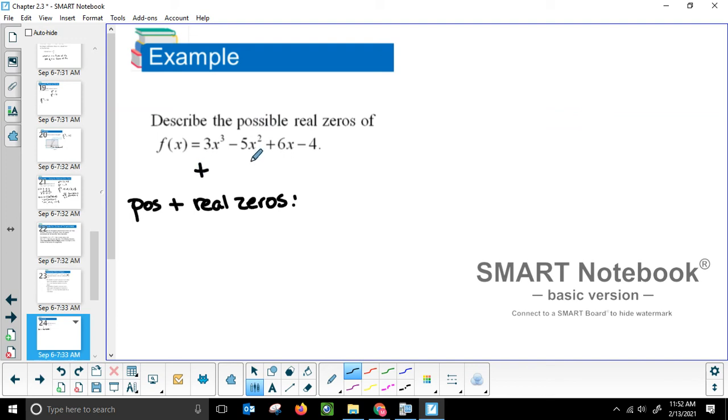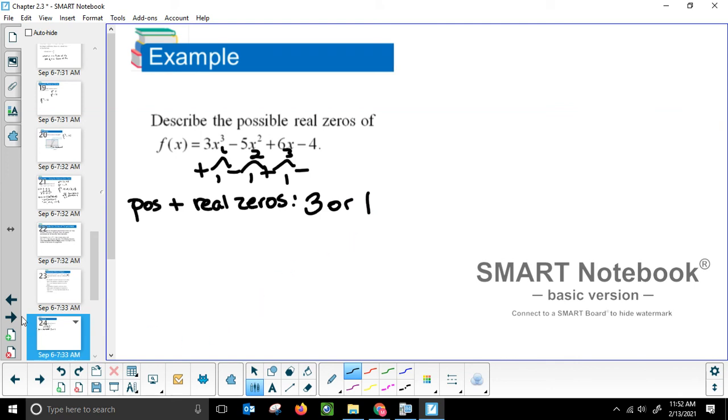We started positive, then a negative here, a positive here, and a negative here. How many times did we change signs? We changed once from positive to negative, again from negative to positive, and again. So here's one change, two changes, three changes. As far as positive real zeros, we can have 3 or 1.